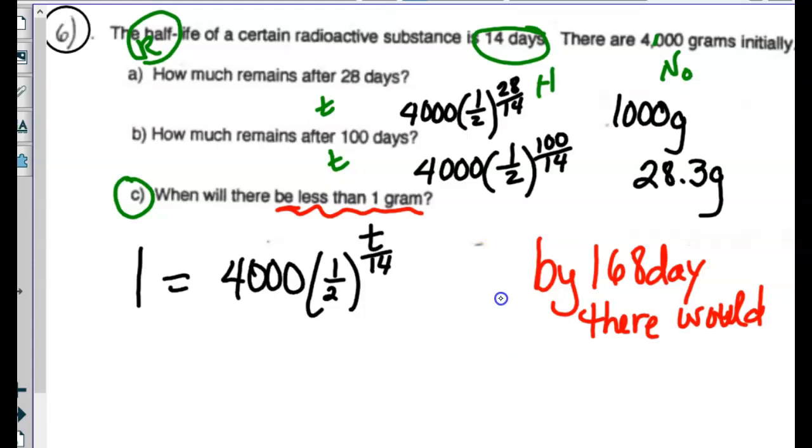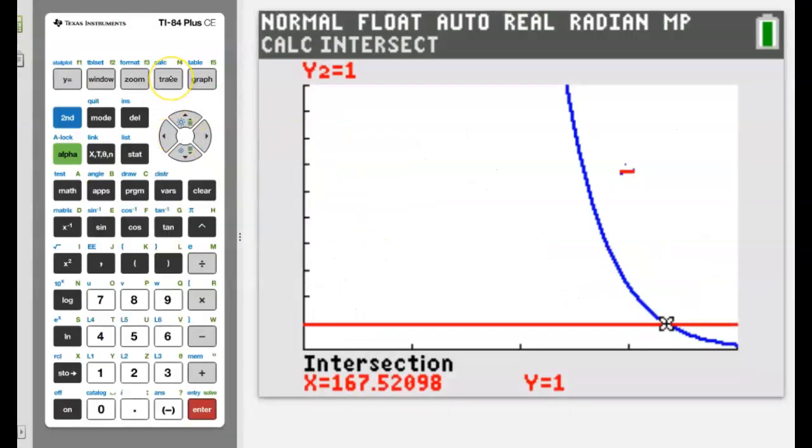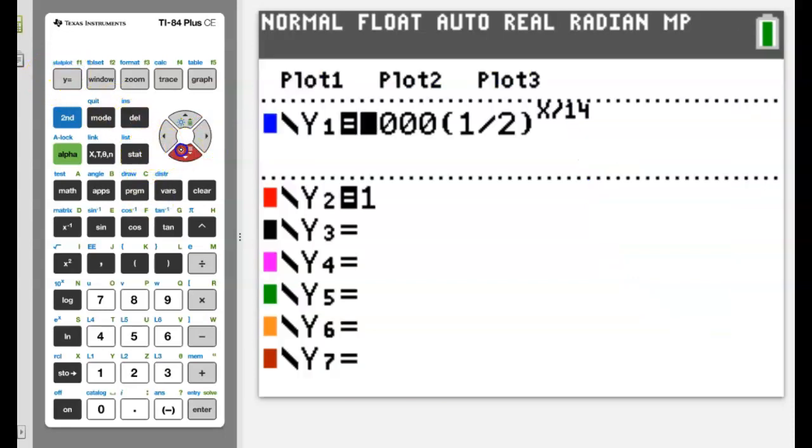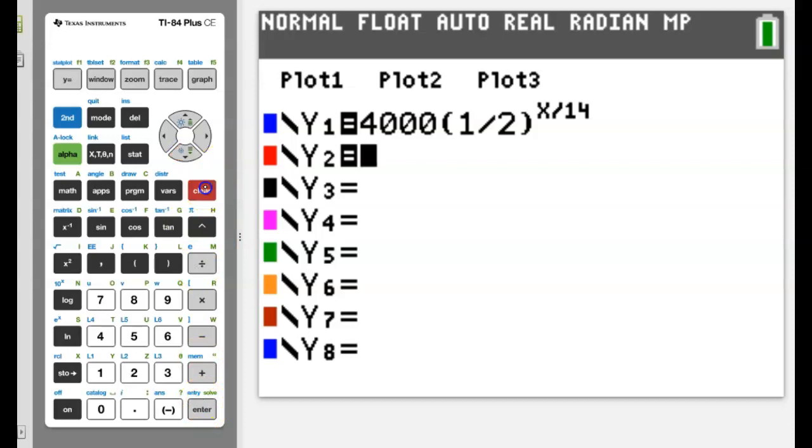Yes, I have a question. Is there a way you can trace to the 1 gram? You can only get close. You can't get exact. You can trace anywhere you want. If I did not put this y equals 1 in, Martin's question is what happens.